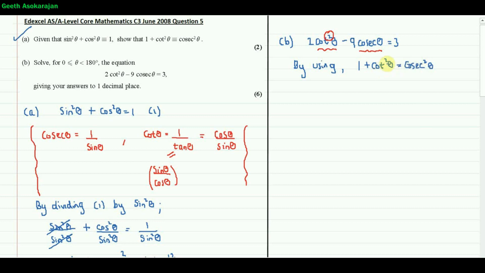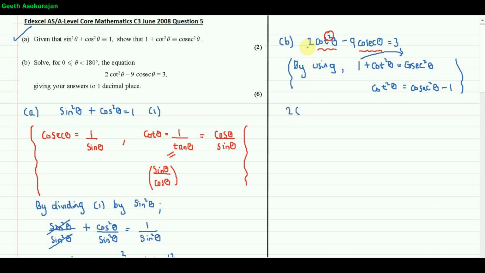So let me rearrange this identity for cot squared. So cot squared theta, if I take the 1 to the opposite side, I'm going to get cosec squared theta minus 1. And as a consequence of this rearrangement, let's replace the cot squared by cosec squared theta minus 1.